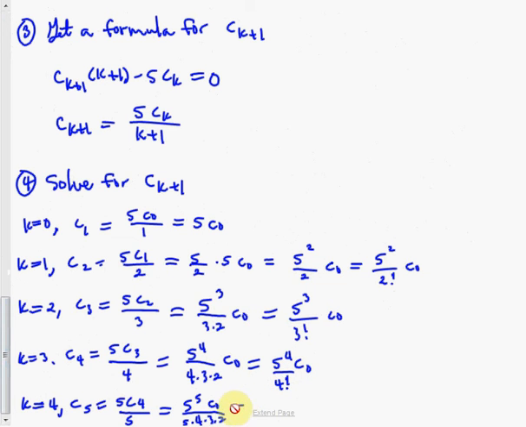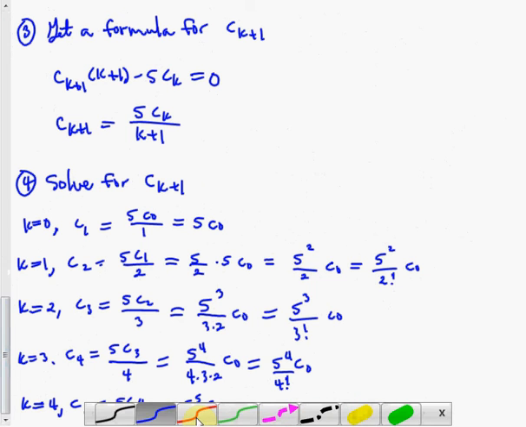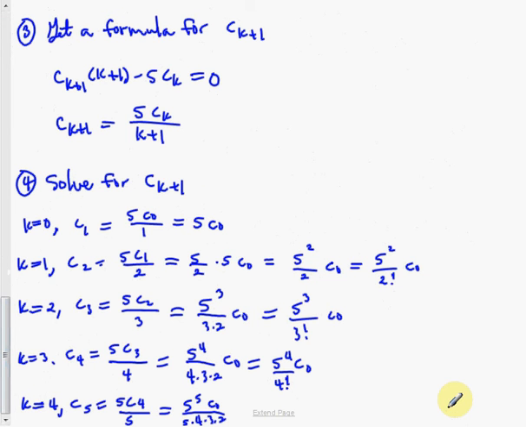And c sub 5 is 5 to the 5th all over 5 factorial times c naught. Right? Now step number 5, watch this.